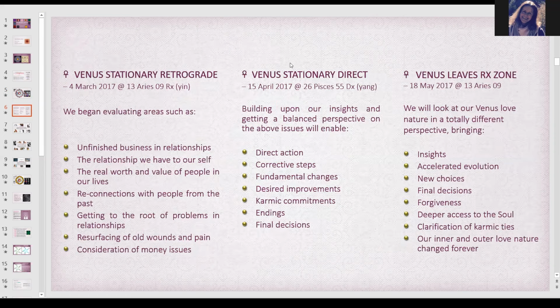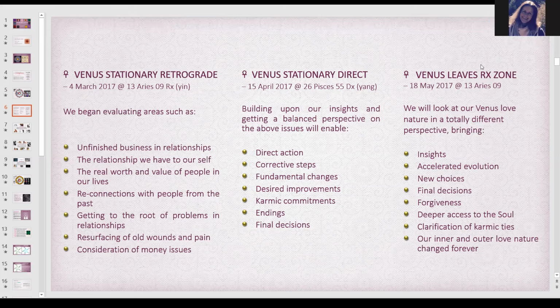When Venus goes stationary direct on the 15th of April, building upon our insights and getting a balanced perspective on the above issues will enable direct action, corrective steps, fundamental changes, desired improvements, karmic commitments, endings, and final decisions.